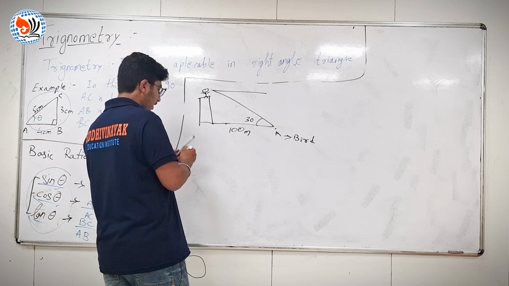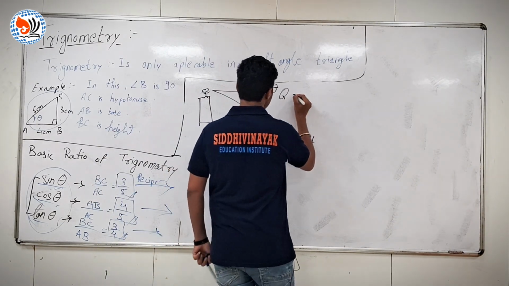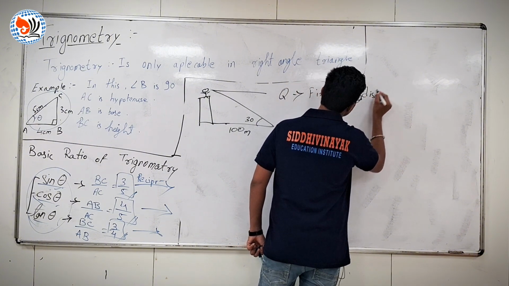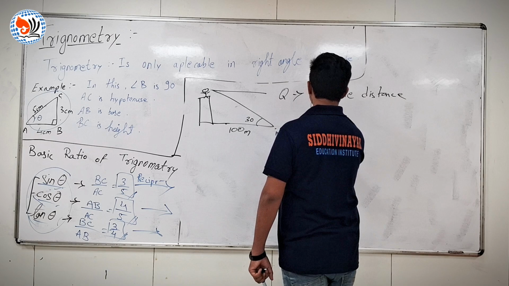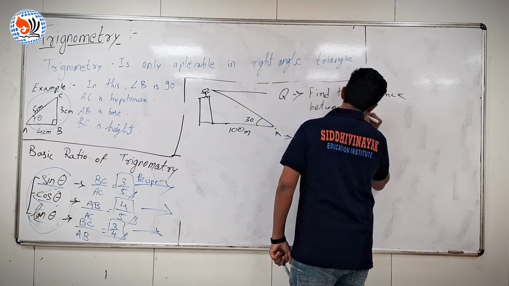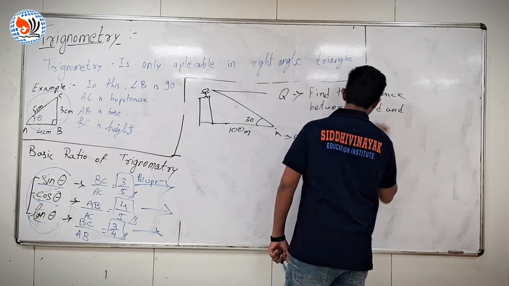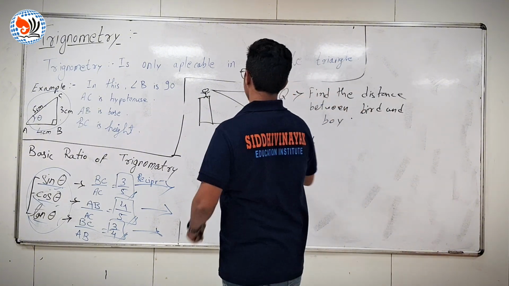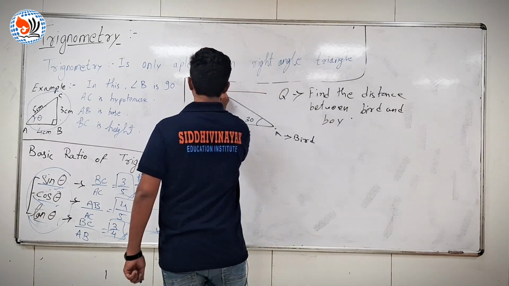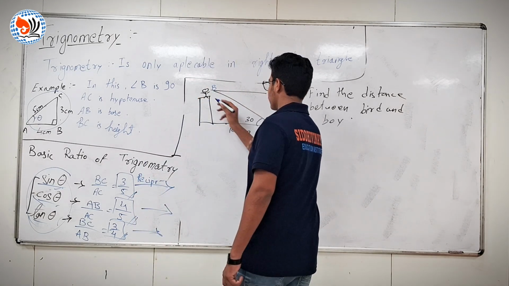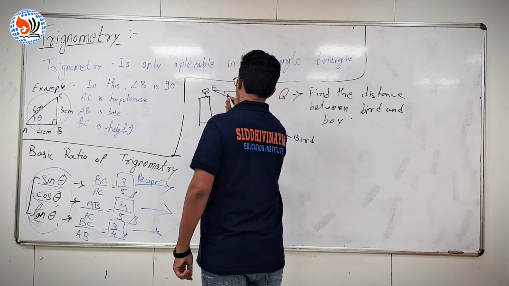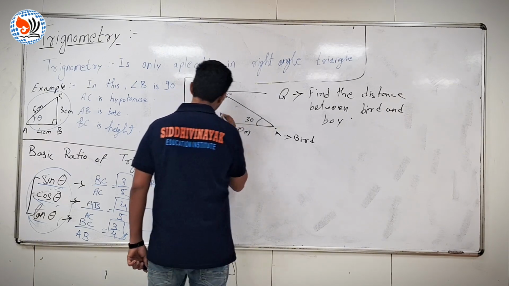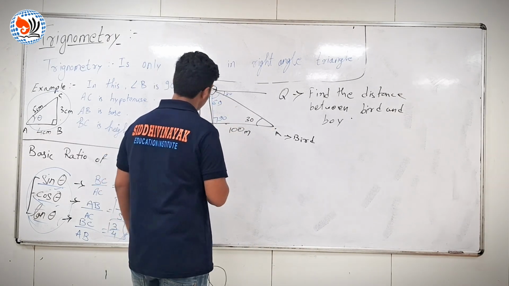The question is to find the distance between bird and boy. So the distance will be from point A to B, and the angle of seeing this will be 30 degree. Means if we take this as a right angle triangle, it is a 30, 60, 90 triangle.